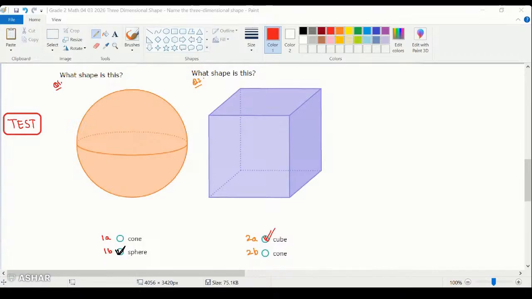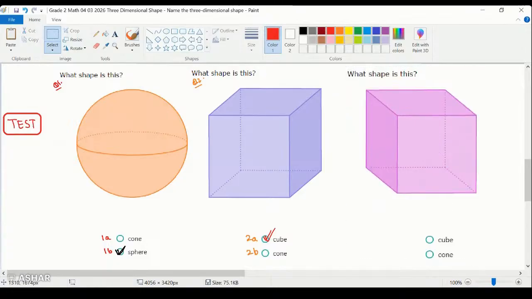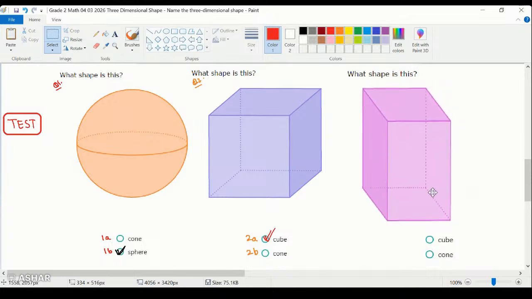Question number 3 says, I'll change the question a bit. It looks very similar, but I would try to change the question, okay? If this question was given to us, I change the question and I say this is option 3A and 3B. This is question number 3.